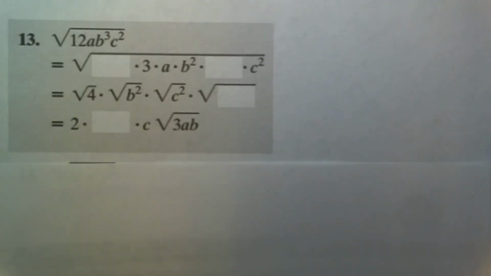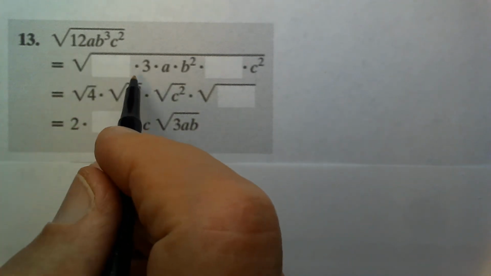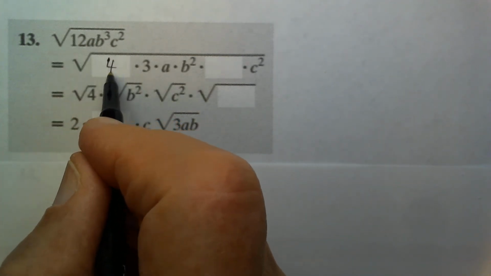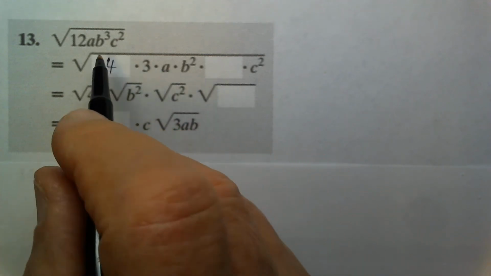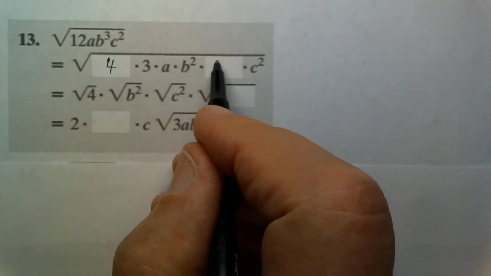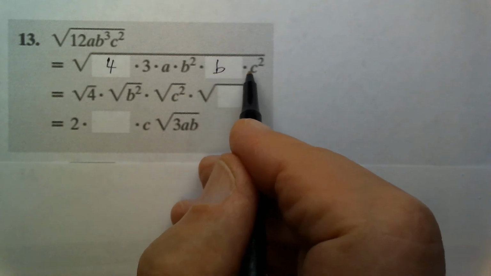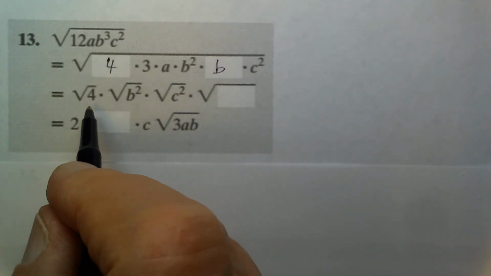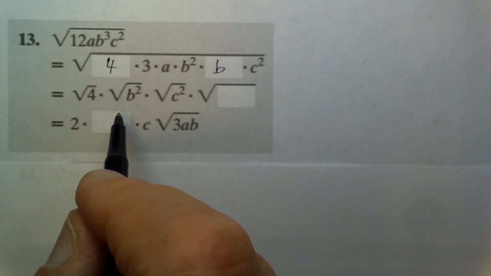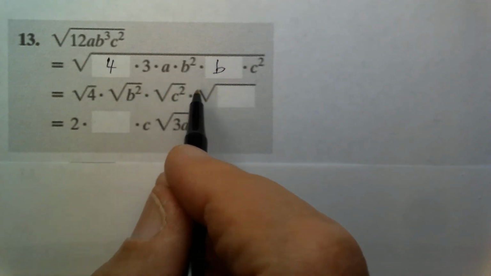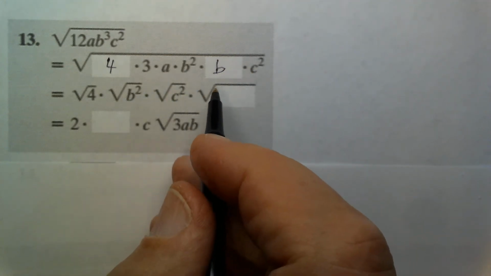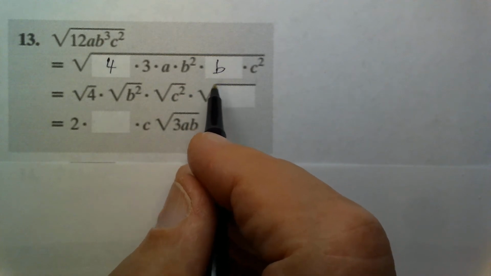So number 13 is a guided solution problem. So 12 we can factor as 4 times 3. And then we have a b to the third, so it would be another b here, times c squared. So now we can write this as the square root of 4 times the square root of b squared times the square root of c squared. And then there's an a and a b and a 3.